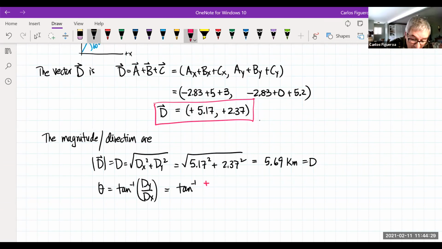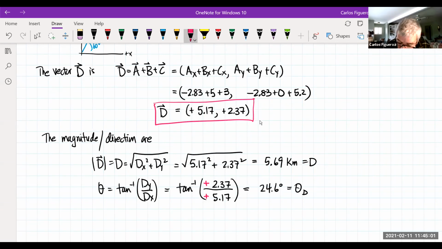So when I look at my value, it's got to be 2.37. Then I look at the x value, and I know that guy must be in the first quadrant. So I see that plus sign. So I know it should be a vector in the first quadrant. When I calculate this, I get a value of 24.6 degrees for theta of D.